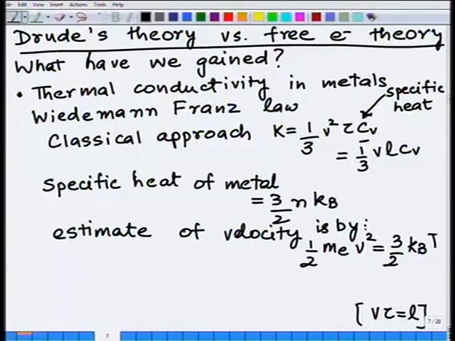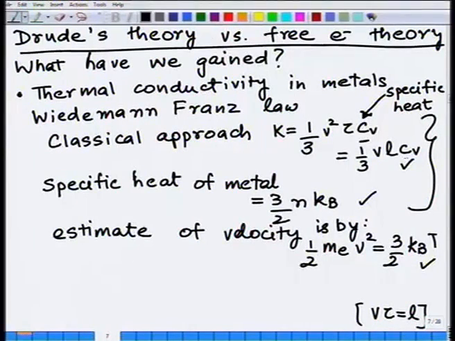We used this before also when we were doing Drude's theory. I am giving you two expressions right here, without proof: in the context of Drude's theory you can derive the specific heat of metals to be 3 by 2 n Kb, where Kb is the Boltzmann constant, and you can derive the thermal conductivity by the same transport mechanism to be 1 by 3 V square tau Cv, or 1 by 3 V times L times Cv. So, this you can derive by classical theory.